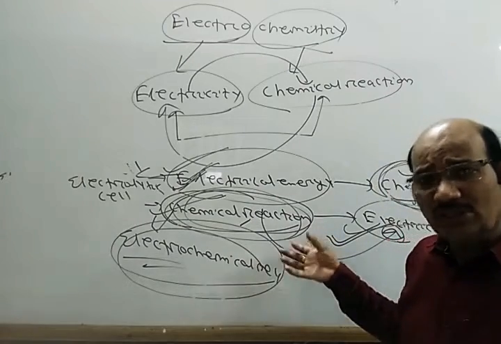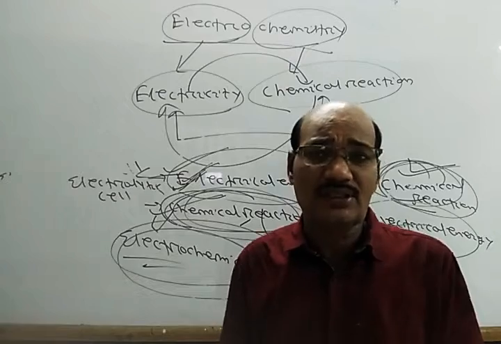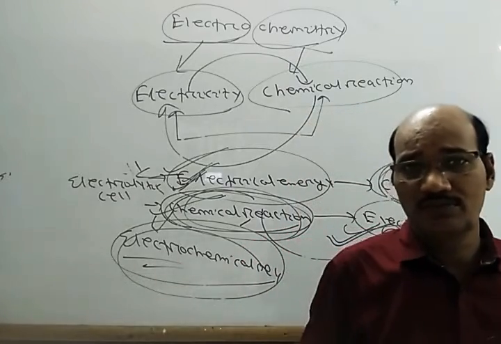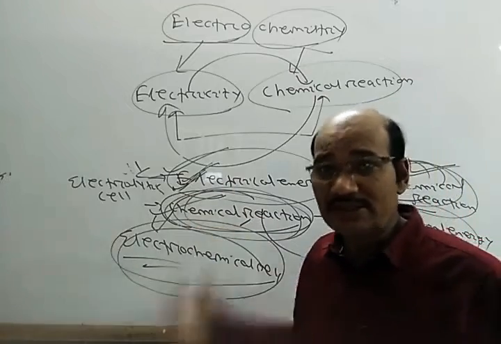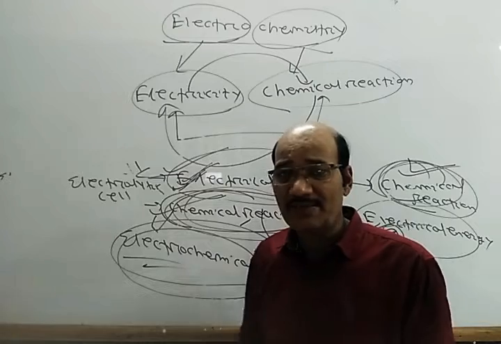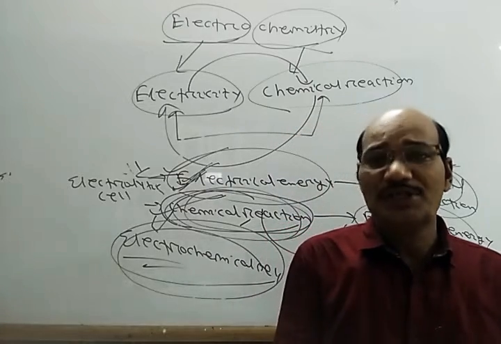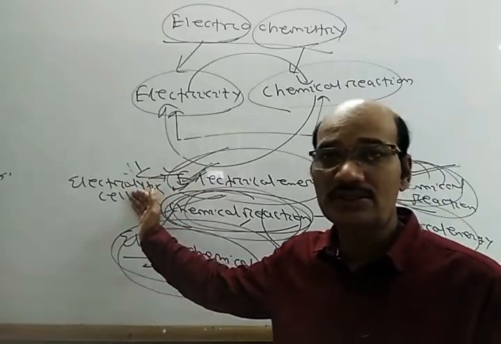So the most important thing we are dealing with is electric current or electricity. Depending upon the flow of electric current, the substances are divided into different kinds. That we will discuss first, and after that the electrolytic cell.